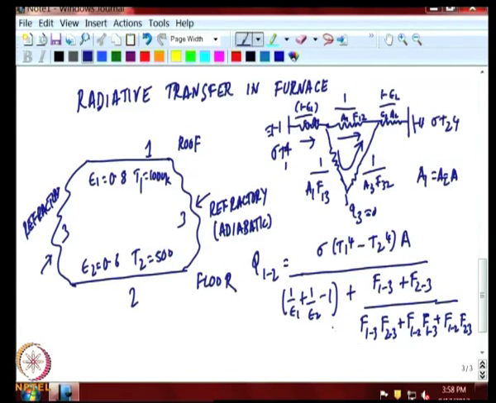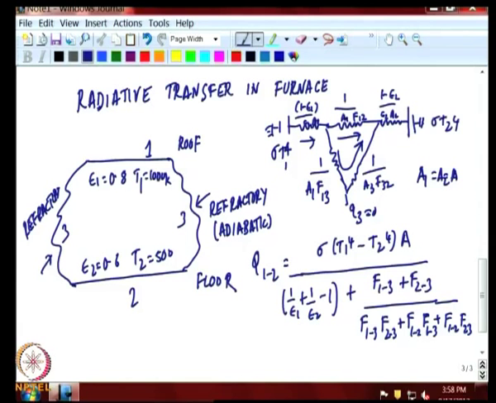Both these are possible in this situation, and both do occur in the real world. If the two plates are very close to each other, then F12 is close to 1 and these two are close to 0. So, this is an open circuit. On the other hand, if these two are very far apart, F12 is very small, this is an open circuit and the flow goes like this. So, both these examples can be shown to occur in practice.